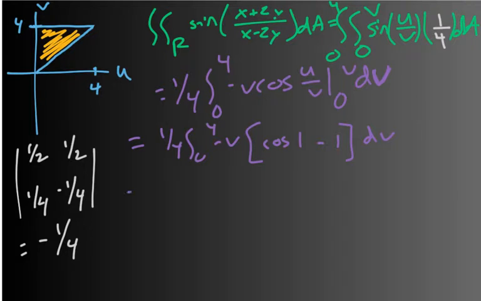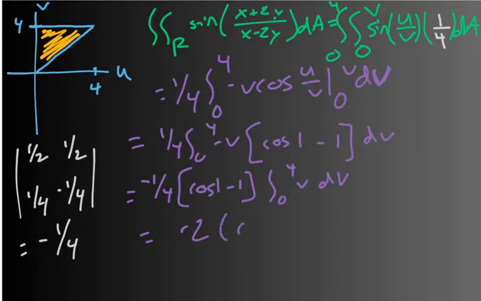I can pull that out, and so I got cosine 1 minus 1, integral 0 to 4 of, I can also pull out negative, just v dv. And so you do v squared over 2, evaluated from 0 to 4. And if you do that, you're going to get negative 2 cosine 1 minus 1, which maybe looks a little nicer this way, 2 minus 2 cosine of 1.